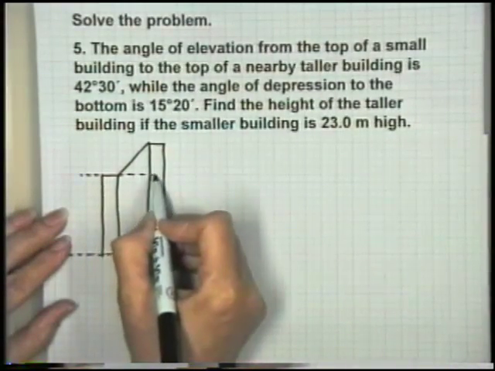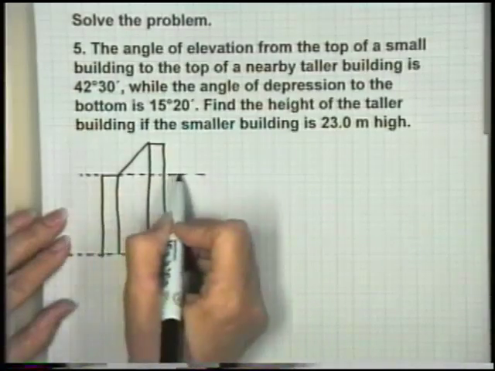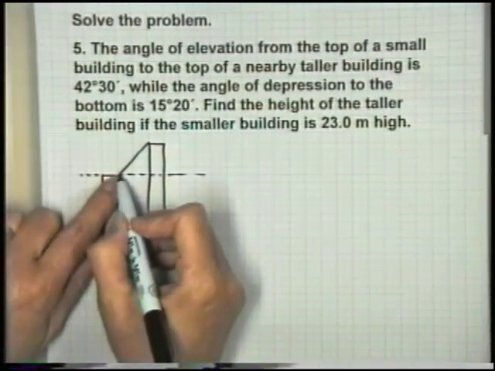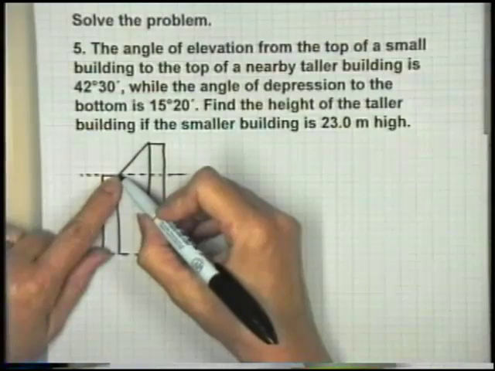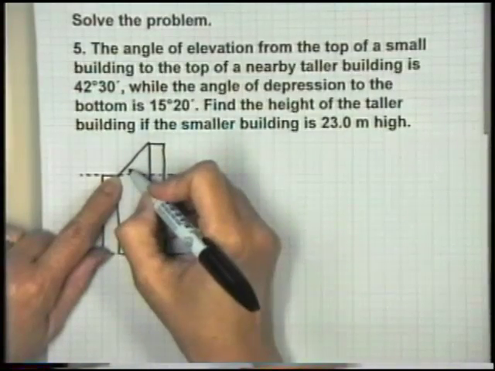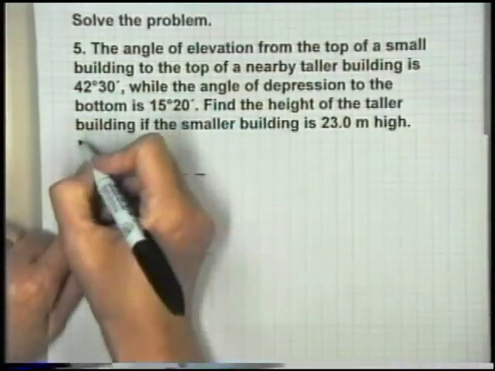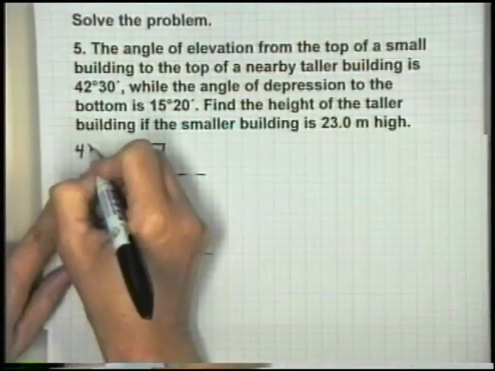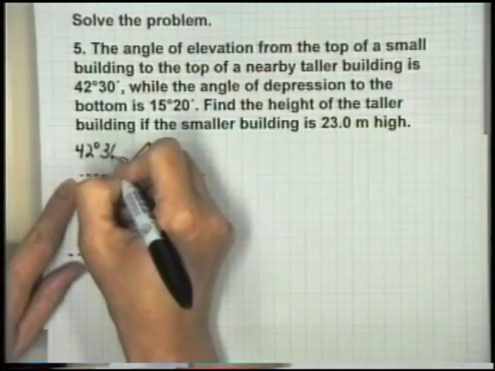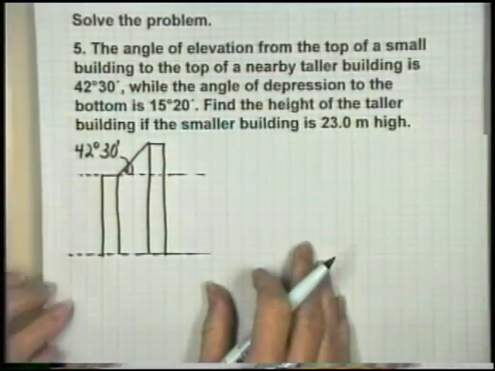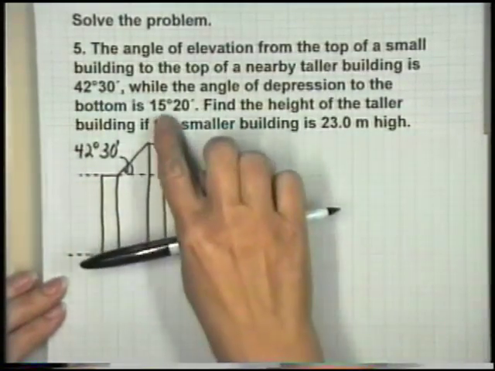So I'm going to do a dotted line here to represent the horizontal at the top of the smaller building. So I know this angle right here, that angle, is 42 degrees 30 minutes.